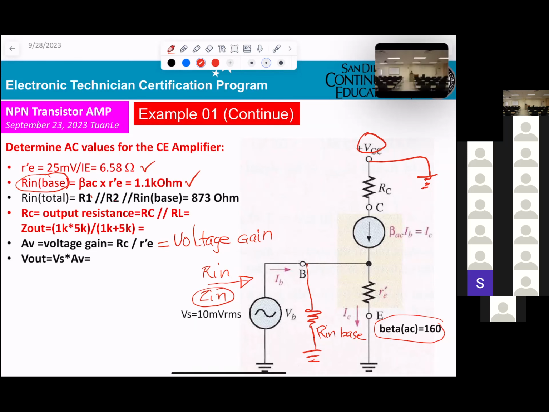Okay, perfect. 0.83 ohm or kilo ohm? That will be kilo ohm.